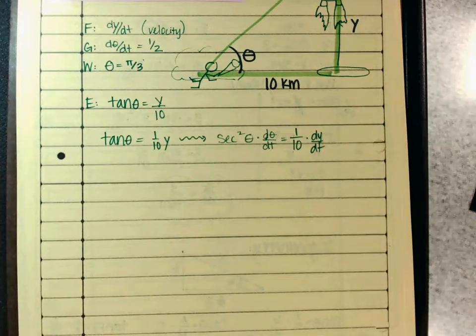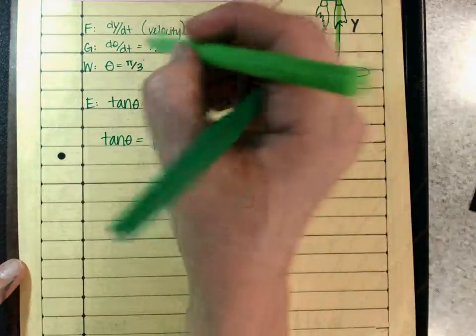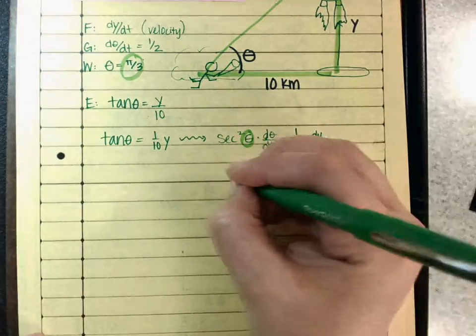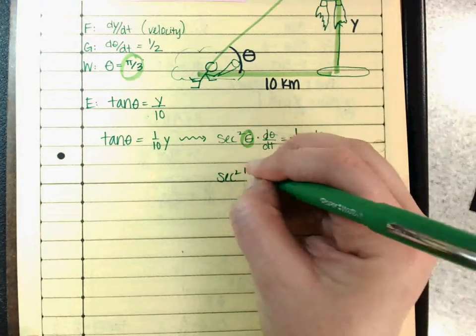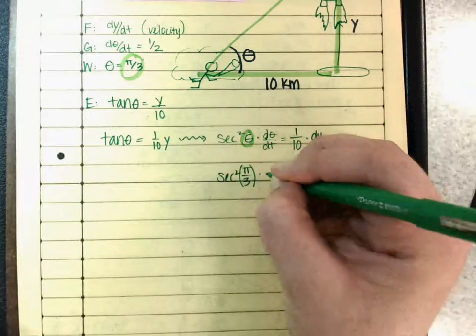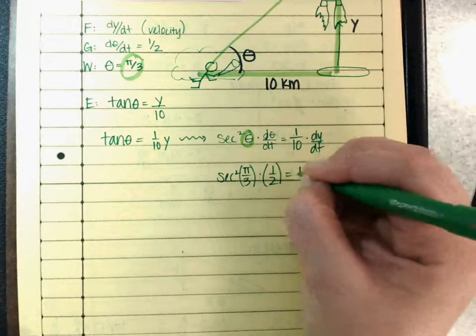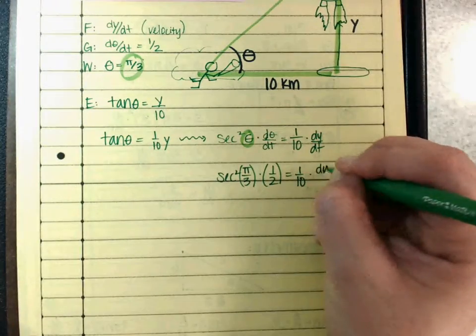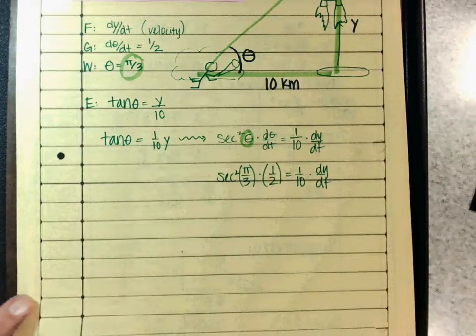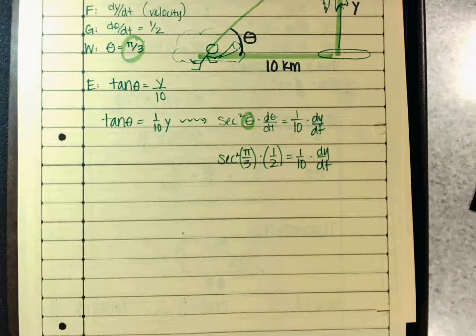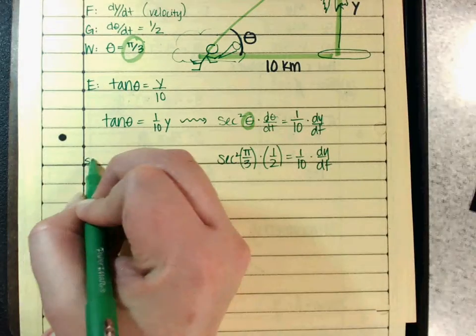Okay, now we're plugging in our when. What's our when? Pi thirds is going to go here. So I now have the secant squared of pi thirds times dθ/dt, which is a half, equals a 10th of dy/dt, which is my unknown that I'm trying to find. Okay, let's do secant of pi thirds first. Secant is which one flipped?